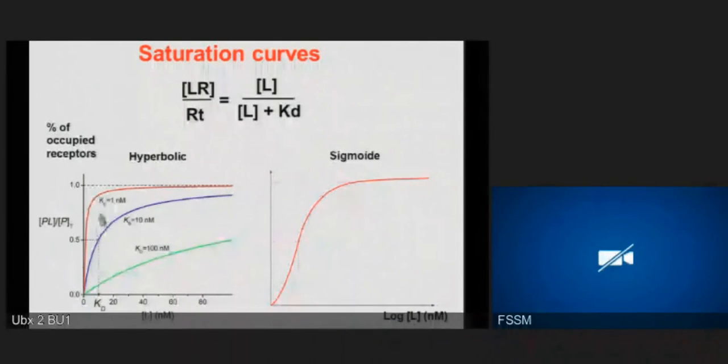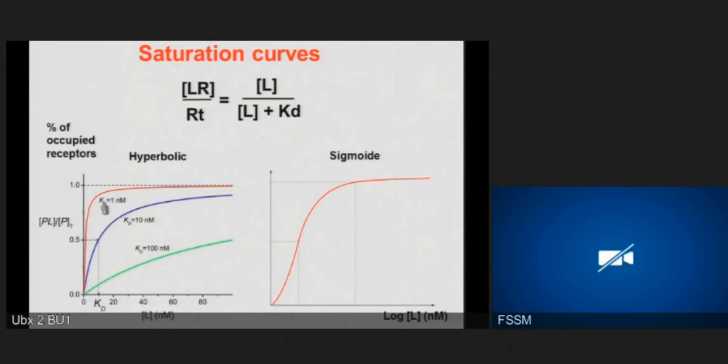And look at the red curve. For increasing concentration of L, you soon get a maximal binding, so you soon get maximal occupancy of receptor, and the maximum is 1. LR equals R total, so you have 1.